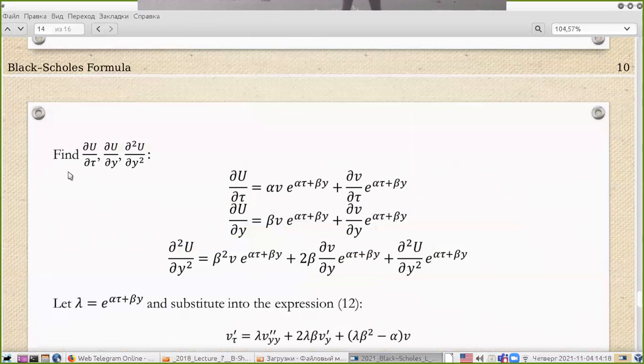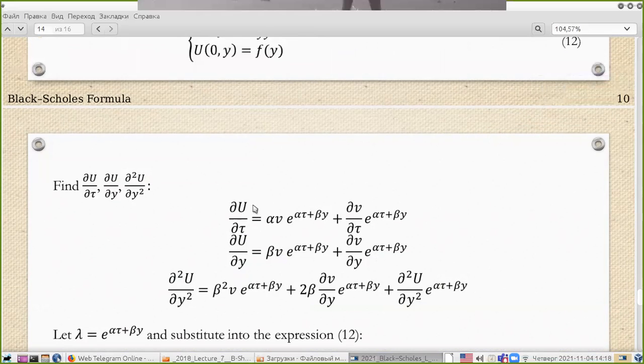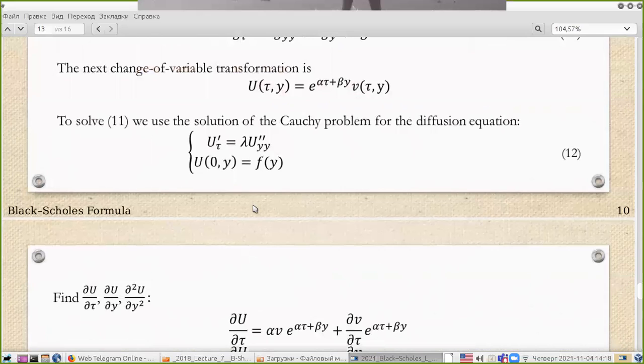So we find these three derivatives: dU with respect to tau, and U is in this form, and we would like to find the derivative with respect to tau, but tau is in the power, and tau is also the argument of this function.